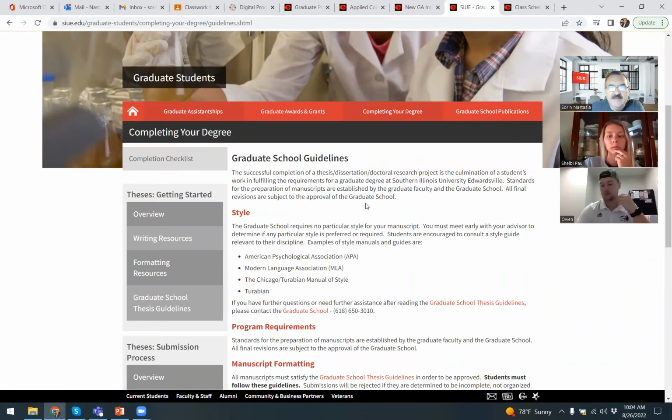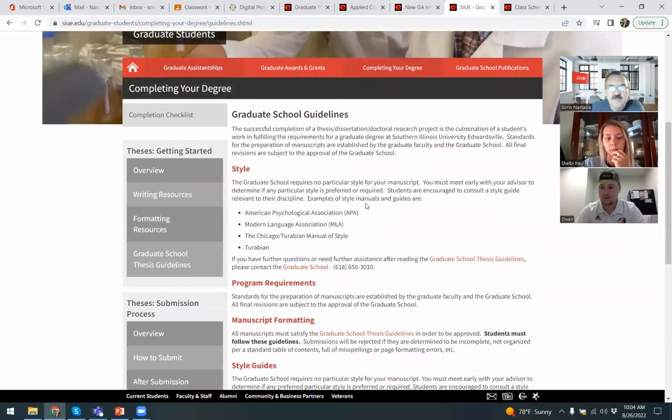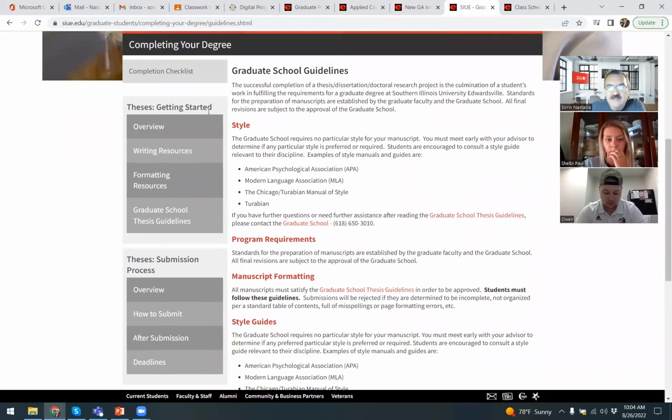Again, for the graduate school guidelines, there is very important information on the style that is required and accepted by SIUE. In our program, we encourage people to write in APA style, American Psychological Association, so pay attention to that. I see that lately a lot of people are taking the thesis option, which is a more research-heavy approach for ending the 2 years of the graduate program.